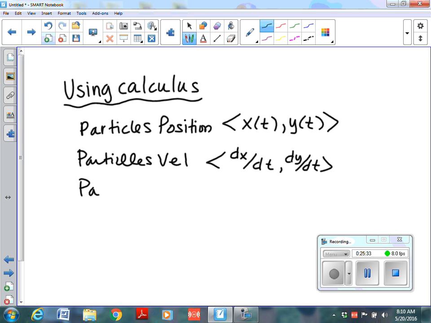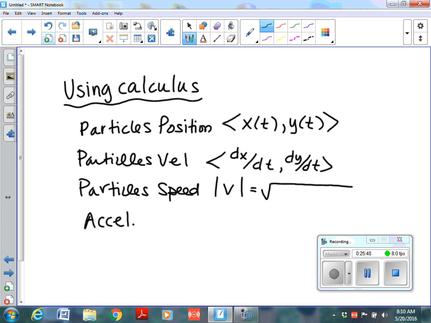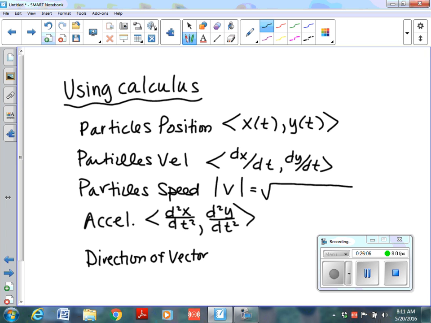The particle's speed is the absolute value of v. But remember, absolute value is the distance formula you're going to be using. The acceleration is just the double derivative, d squared x over dt squared, and d squared y over dt squared. The direction of your vector is v divided by the distance of v.